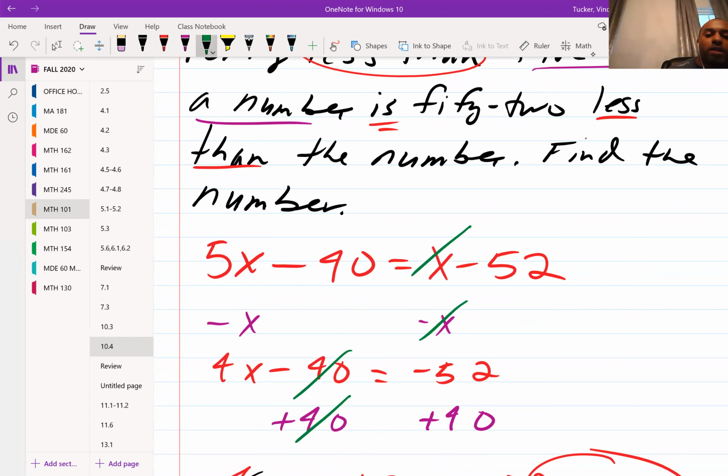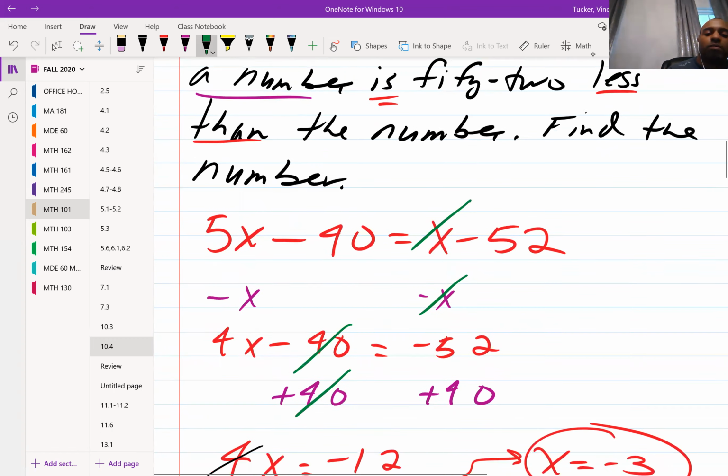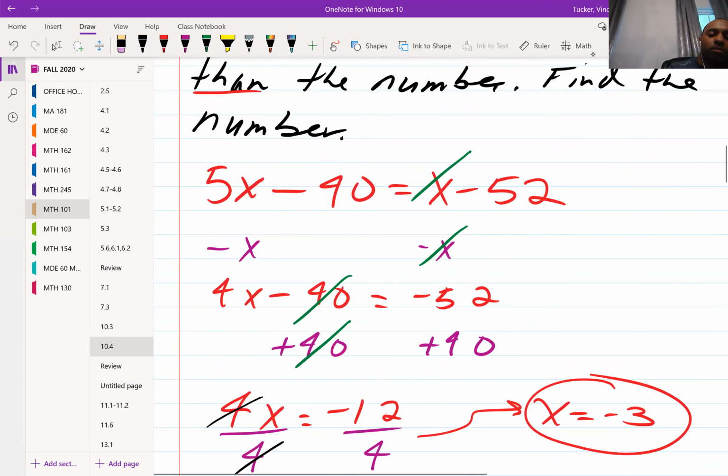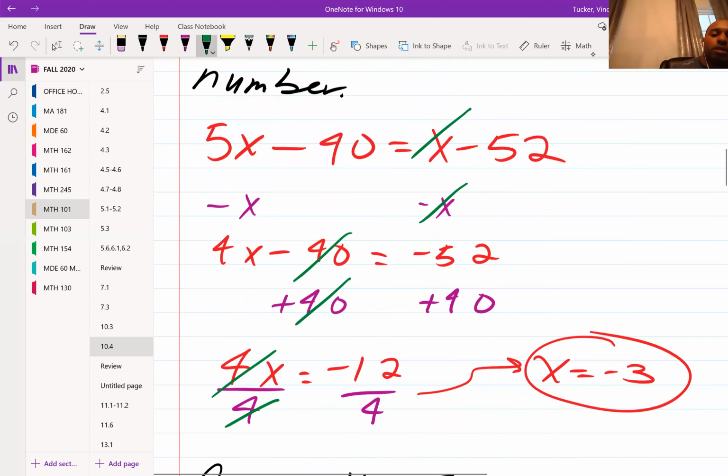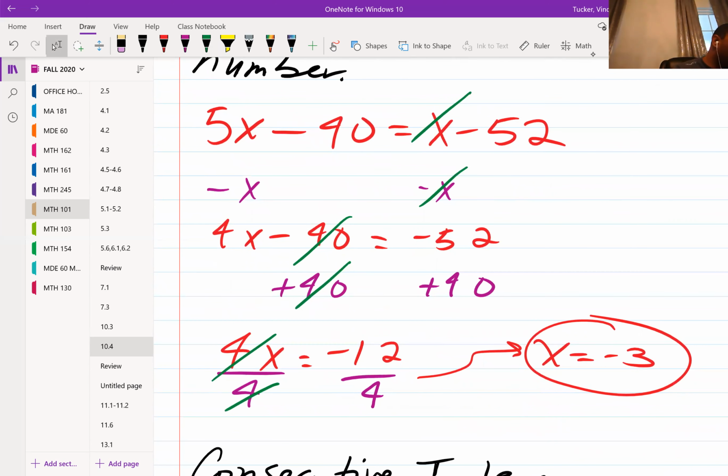Add 40 to both sides. That'll give us 4x equal to negative 12. And divide both sides by 4. And x is equal to negative 3.